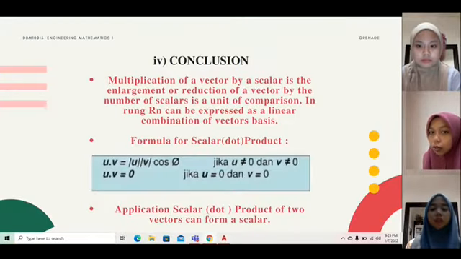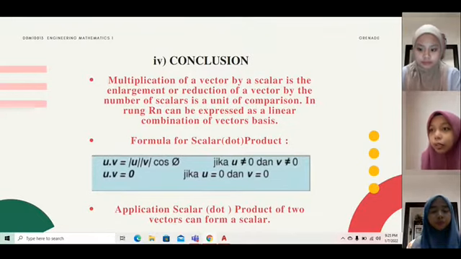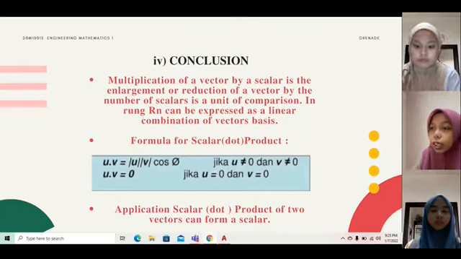Next is the conclusion, which will be presented by Nureen Farhana. Okay, thank you, Dian. So the conclusion is that multiplication of a vector by a scalar is the enlargement or reduction of a vector, where the number of scalars is a unit of comparison.